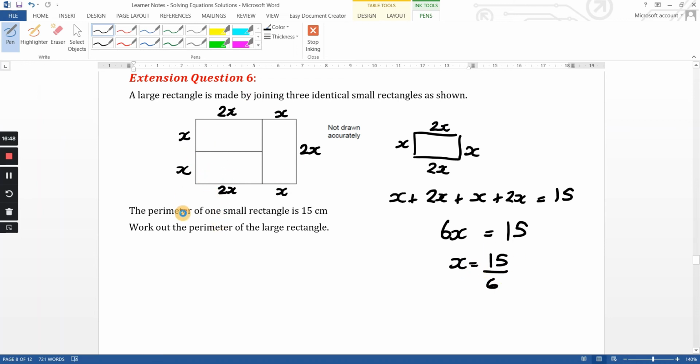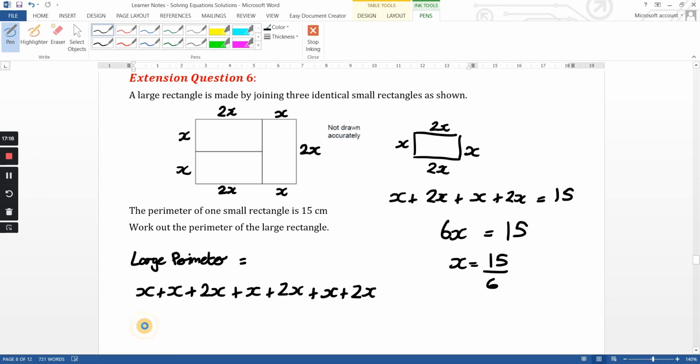Okay, we want the perimeter of the large rectangle, which is all of these added together. So large perimeter equals, let's just go around, 1x plus another x plus 2x plus x plus 2x plus x plus 2x, which is 1, 2, 3, 4, 5, 6, 7, 8, 9, 10.